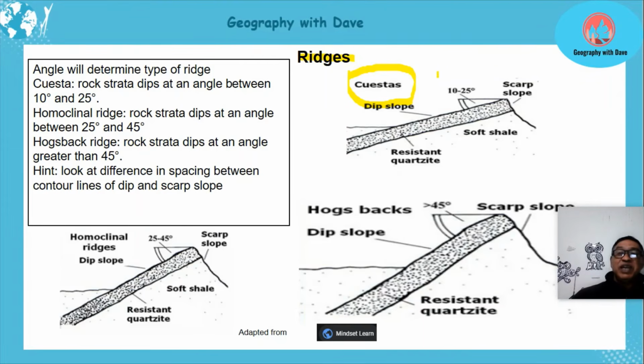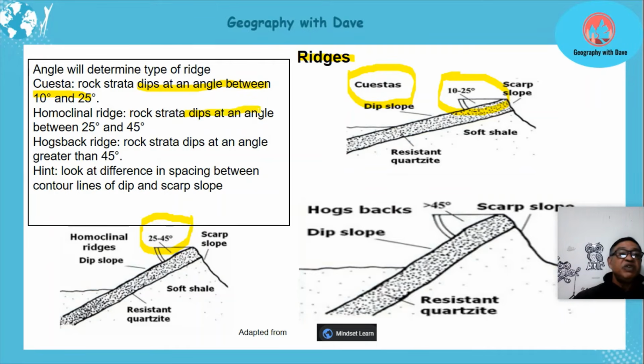So the Cuesta we learned is between 10 to 25 degrees. So that is not so steep. It just dips at an angle of 10 to 25 degrees. Okay, and then the homoclinal ridge dips between 25 to 45 degrees.